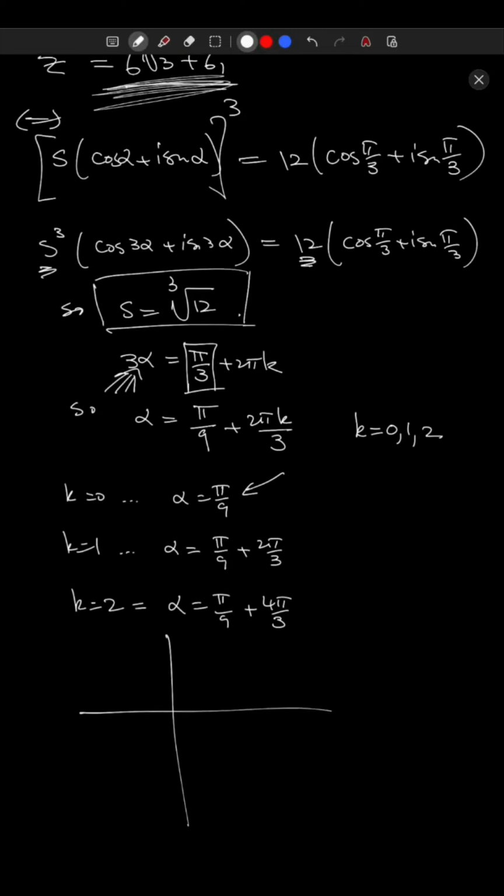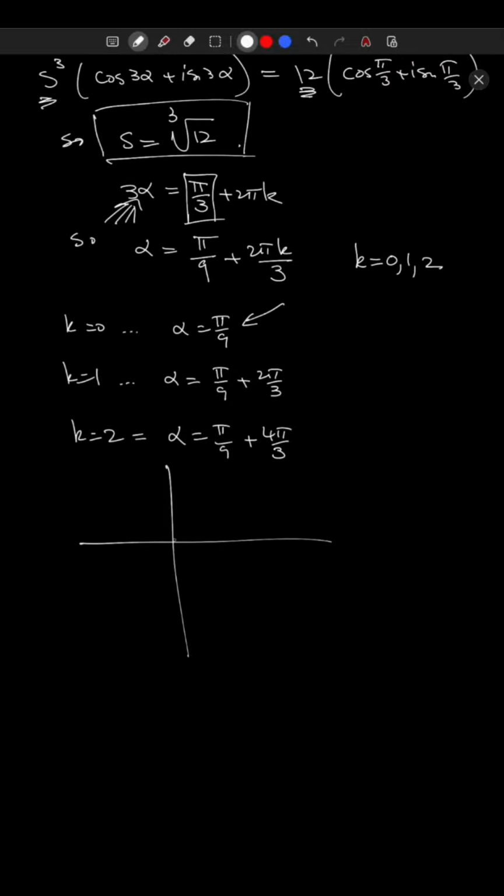Okay, so what happened was, if this was my angle, it was pi over 3, so 60 degrees. Right, so this was my 6 root 3 plus 6i. It was 60 degrees. Right, so what happens with my 3 solutions is I'm taking that 60 degrees, pi over 3, and I'm dividing by 3. That's actually 20 degrees, right? Pi over 9 is actually 20 degrees.